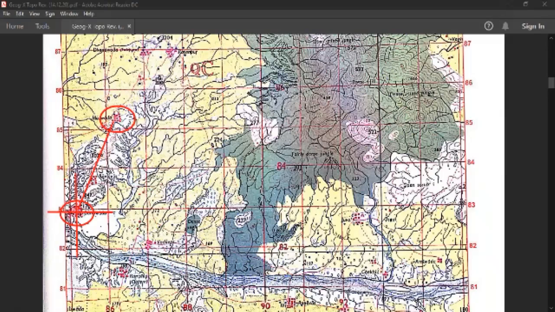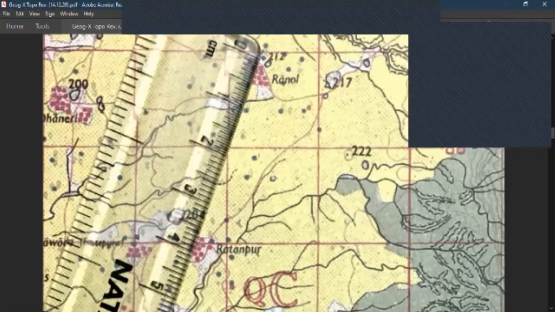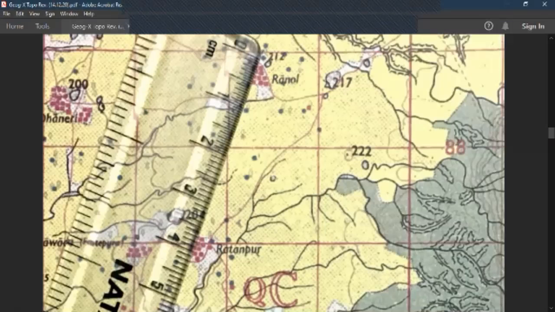Question number 8, that is, calculate the direct distance between settlement Ratanpur and Ranol. To find the direct distance between Ratanpur and Ranol, we are going to use a plastic scale or a ruler. As you can see, the distance is almost 4 centimeters.